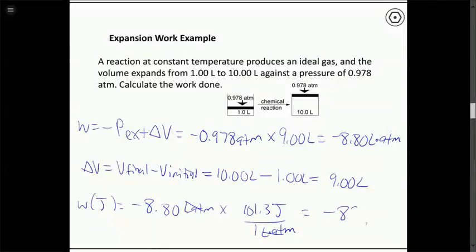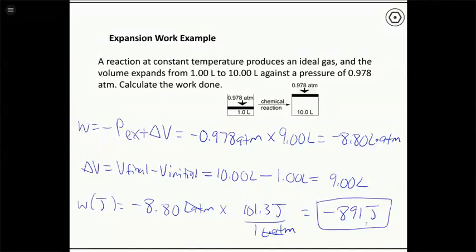That's going to be minus 891 joules. So you're basically multiplying it by 100, a little bit different than 100, but minus 891 joules. So that means that this gas is doing 891 joules of work when it expands from 1 liter up to 10 liters. And that's the only type of work we're going to be dealing with.